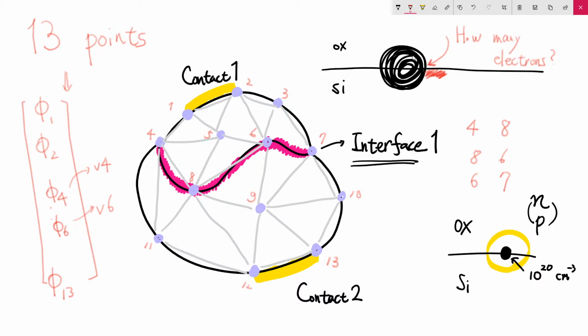If we approach from this point to that point, what is the change of electrons? You know it. There will be no electron in the oxide. And when we consider silicon, of course, there will be plenty of electrons.